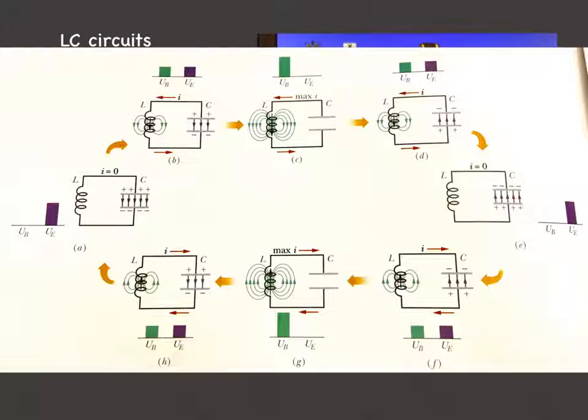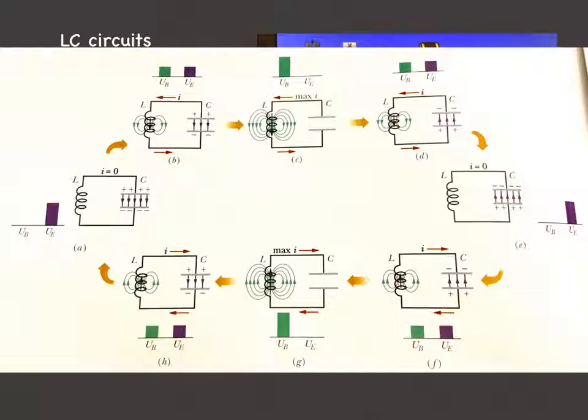So here is a look at what's happening with the energies. This is the starting point when the capacitor is fully charged. Think of this as a spring block system. This would be whenever we pull the block that's on the spring to its maximum amplitude, and then we let it go.